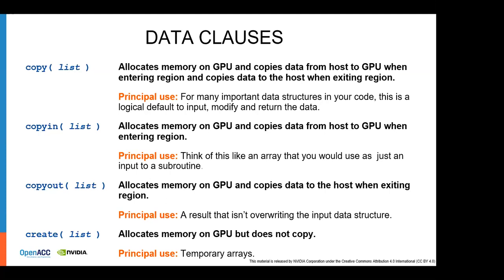You could restrict simply to copy in using the copyin keyword, or copyout, because of course not all arrays have to be copied in and out in your process. And you may also create, allocate memory on the GPU directly. The principal use is temporary arrays that you need to use in your processing.